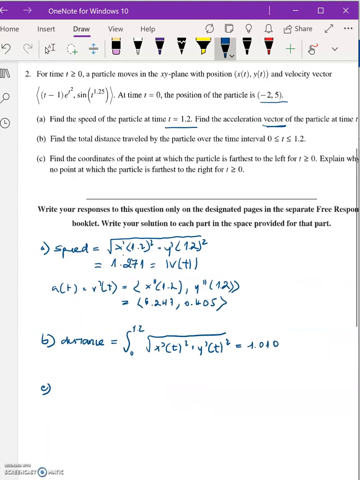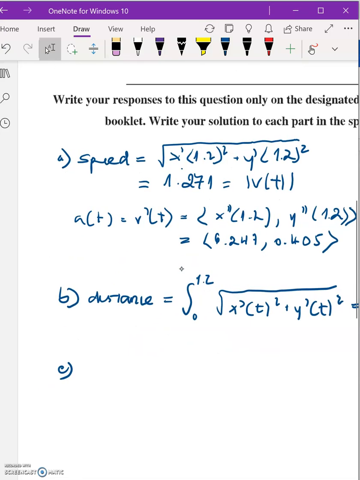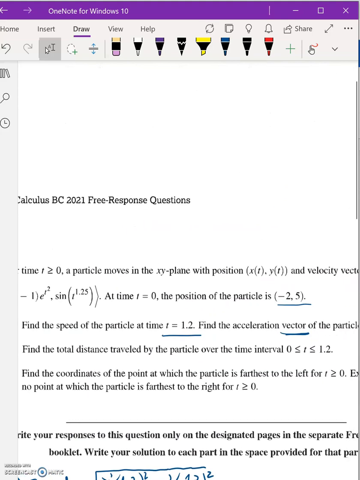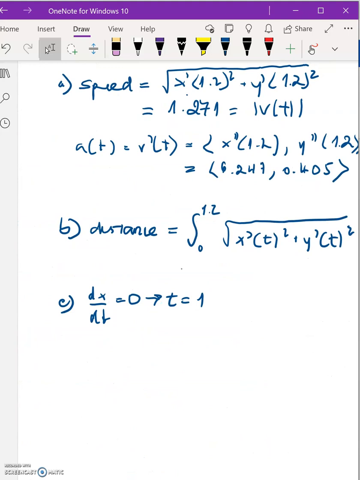Okay, for question C, find the coordinates of the point where the particle is the farthest to the left. So we know that when dx over dt equals 0, dx over dt equals 0 at t equals 1. So we're going to find the coordinates.